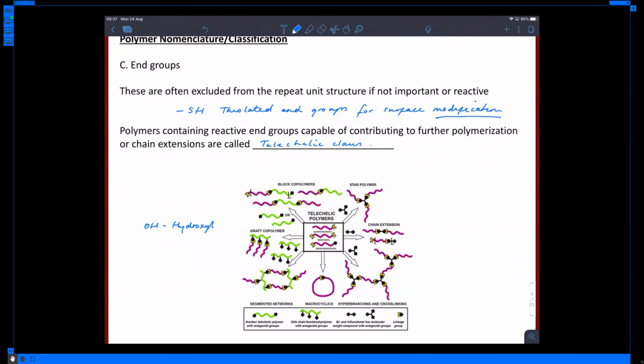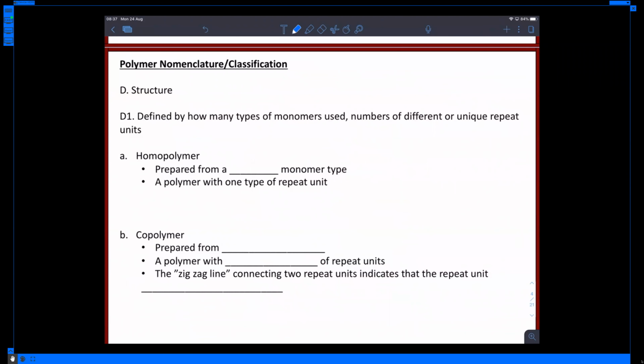Now, the next definition is based on structure. That's how many types of monomers we use, or the number of different repeat units. We've already said before that a homopolymer is prepared from a single monomer type. It's a polymer with one type of repeat unit.